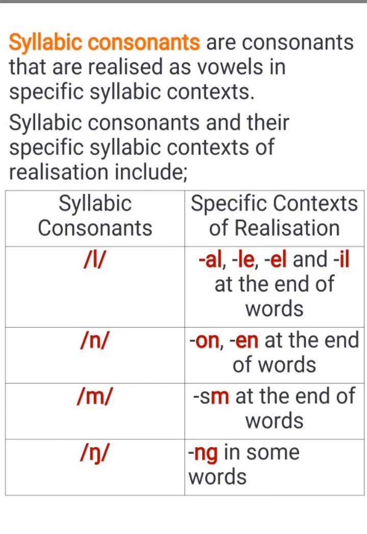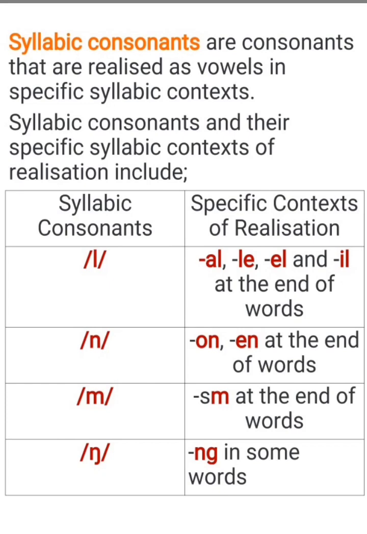For example, "baptism". Then we have it in "racism". So we want to take note of that. So it's actually a voiced sound, in the context of M after S at the end of words.